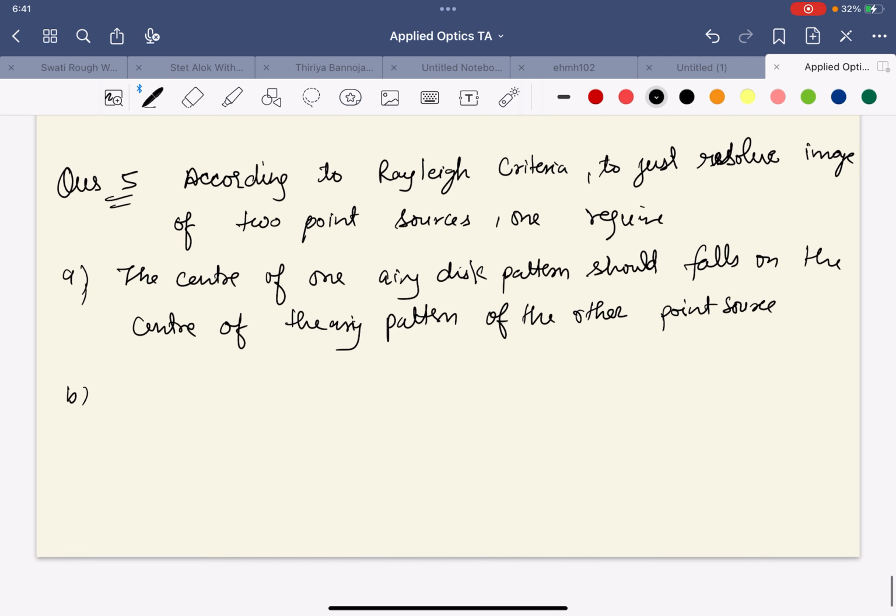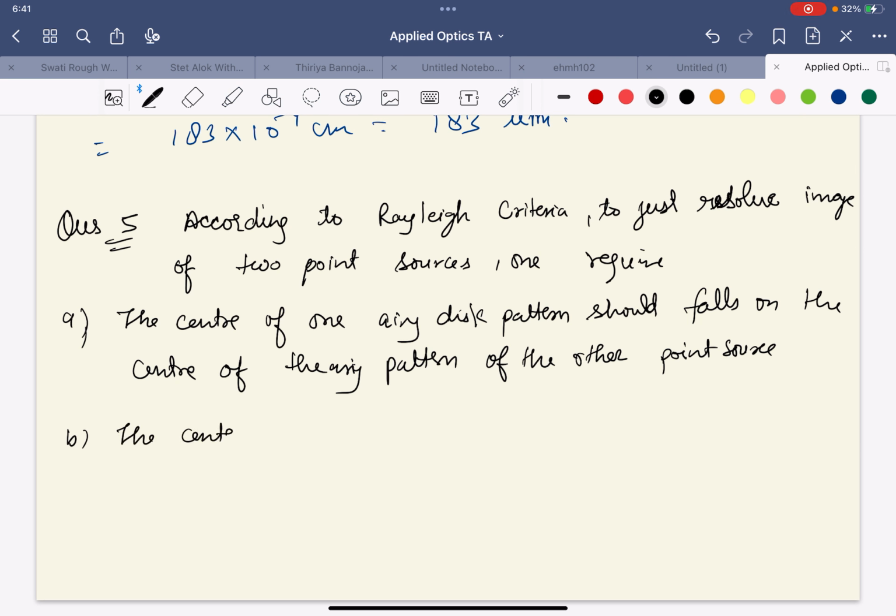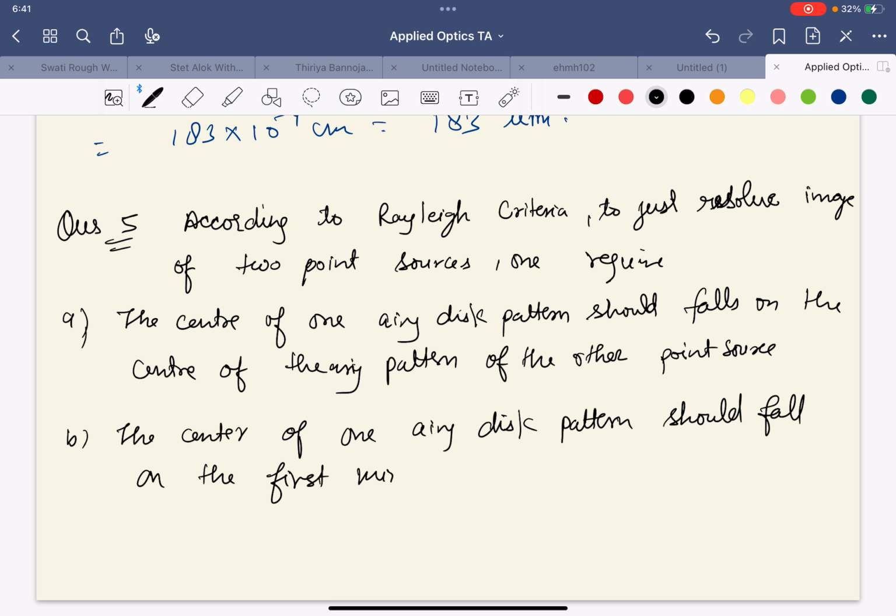Option B is the center of one Airy disk pattern should fall on the first minima of the Airy pattern of the other point source.